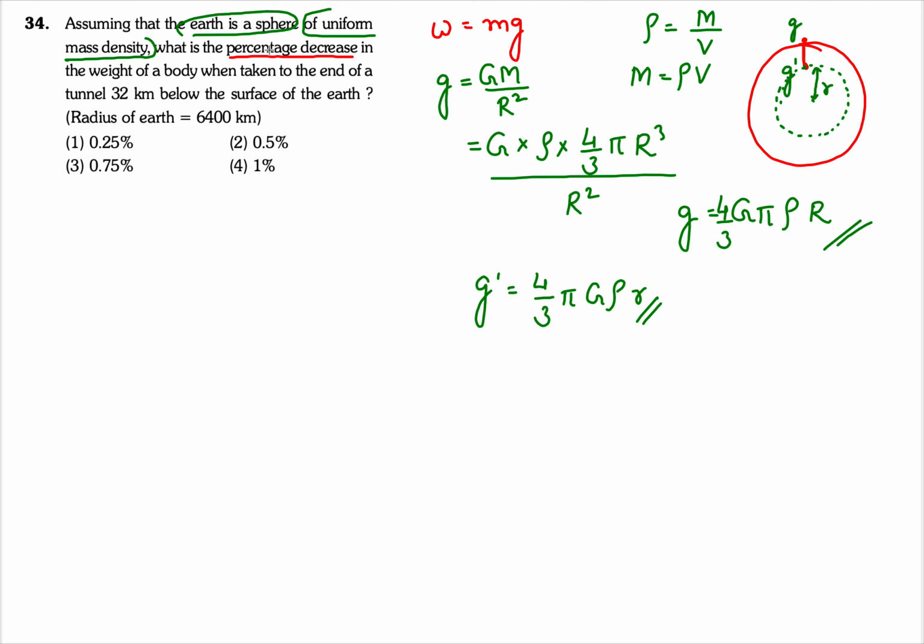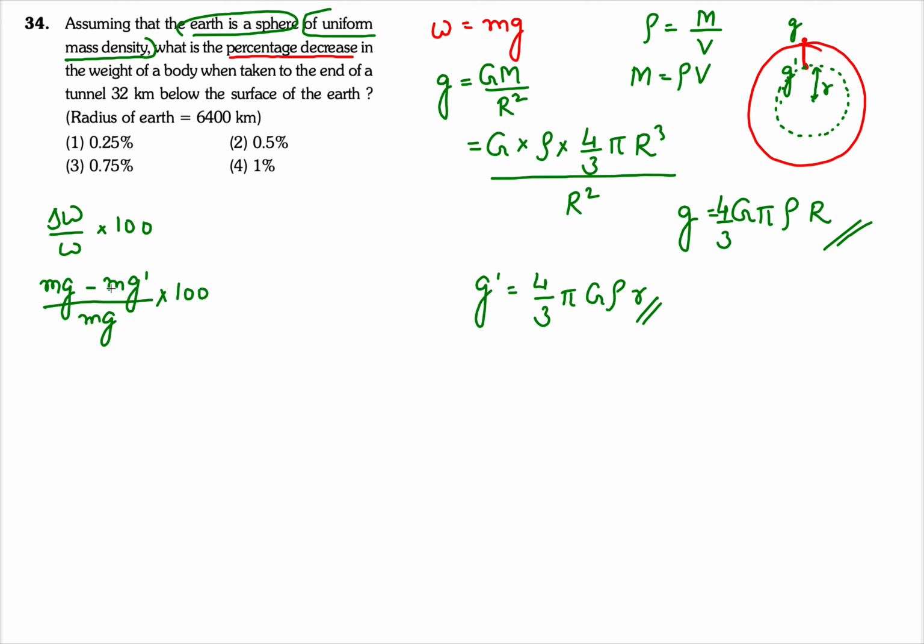So what we need to calculate is the percentage decrease in weight. What is the formula for weight? M into g. So percentage decrease will be change in weight upon actual weight multiply 100. So change in weight will be m into g minus m into g dash upon m into g multiply 100.